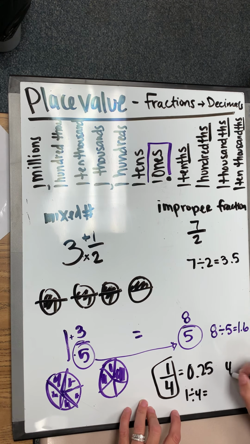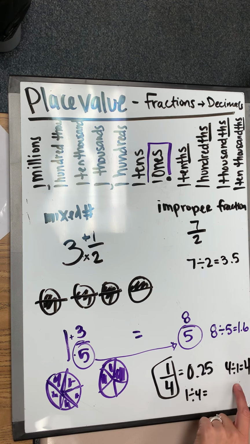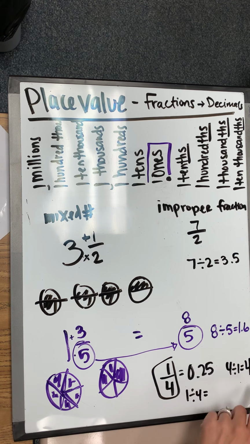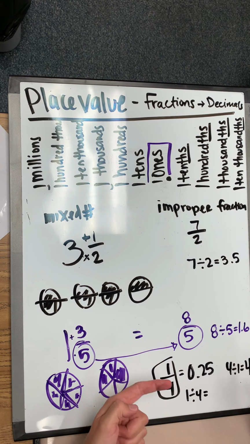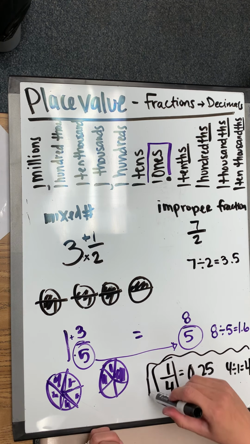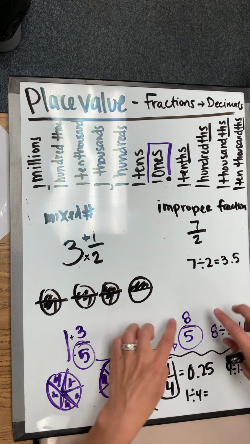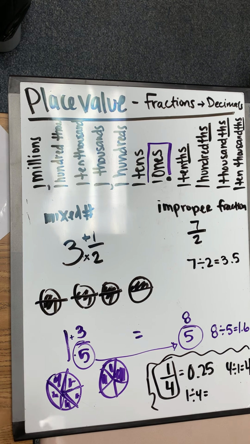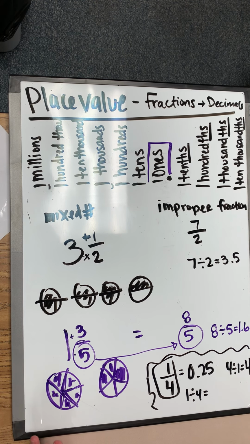If you get 4 divided by 1 is equal to 4, well, a quarter isn't 4, so you know it has to be the top divided by bottom. So sometimes checking things that you know for sure will help you with things that you're unsure about. I think you guys will do great.